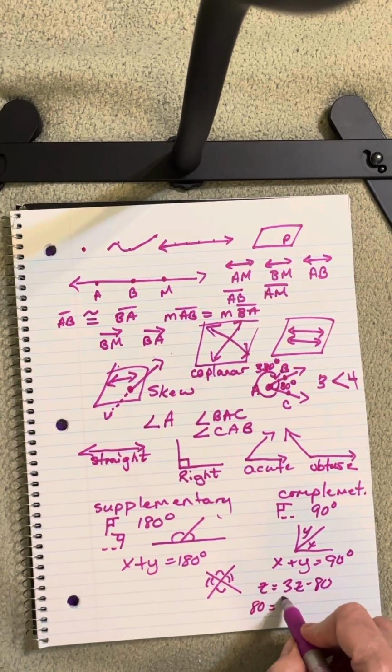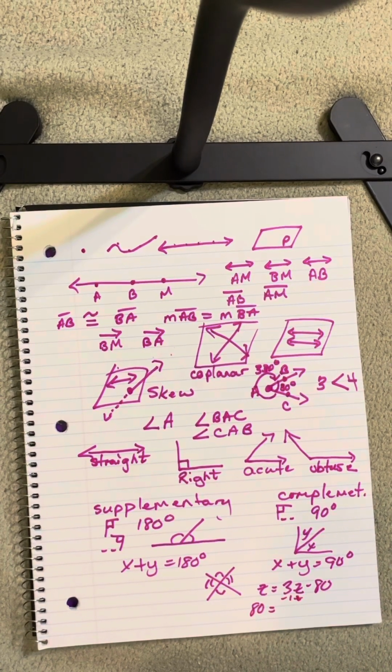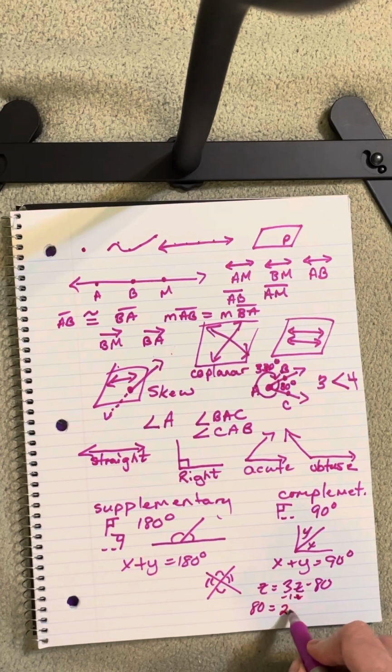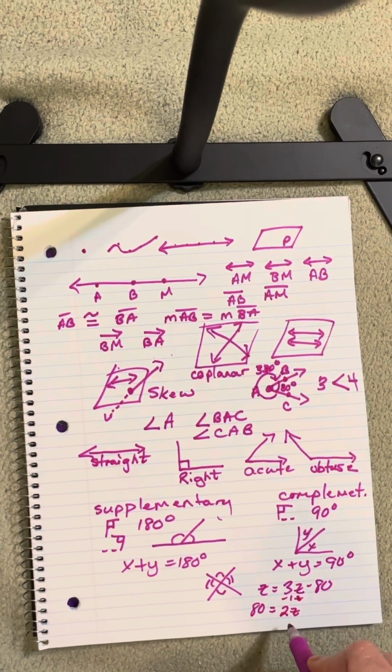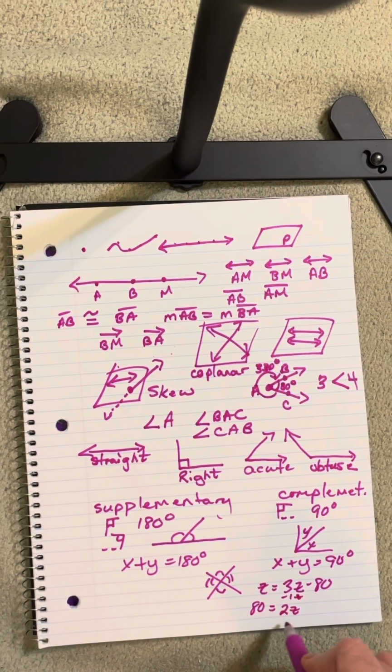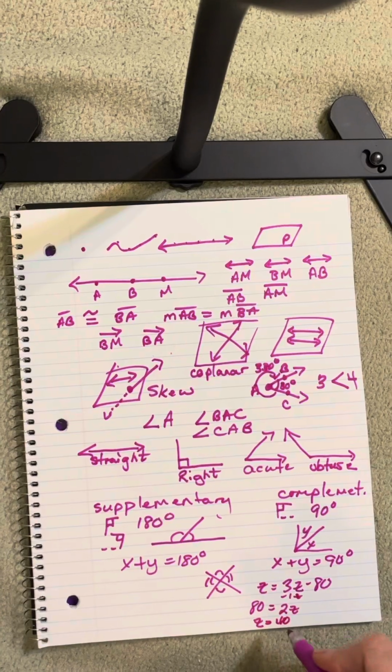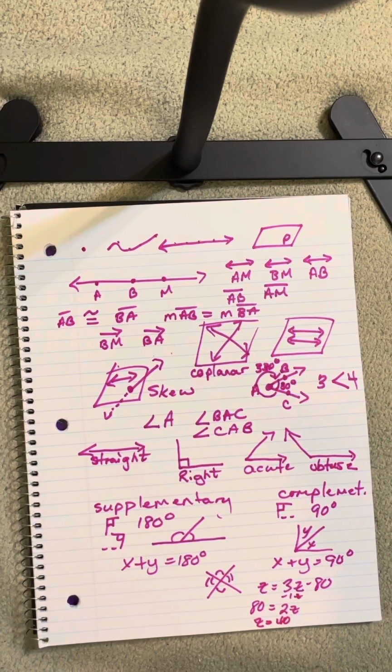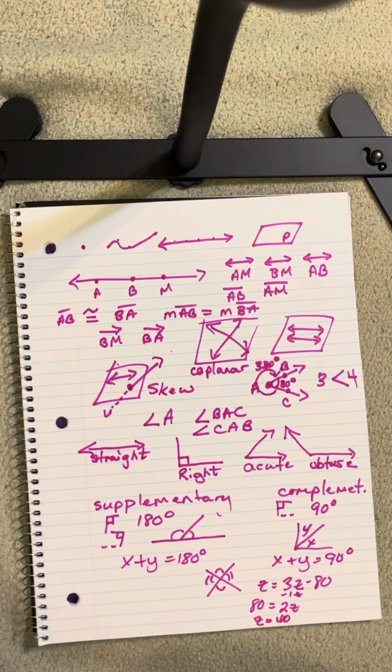Moving the z over means I minus a z. 3 minus 1z is 2z. And then we separate the 2 from the z by dividing, and that means you will have z equals 40. And it's not a measurement and it's not an actual degree, so we're just going to say z equals 40.